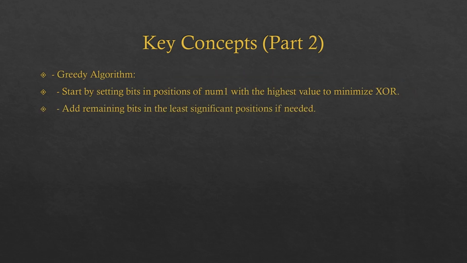We also apply a greedy algorithm to minimize the XOR. This involves prioritizing the most significant bits of num1 to reduce the XOR difference, and if necessary, setting additional bits in the least significant positions.